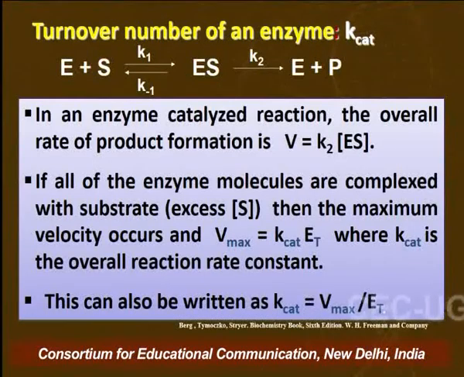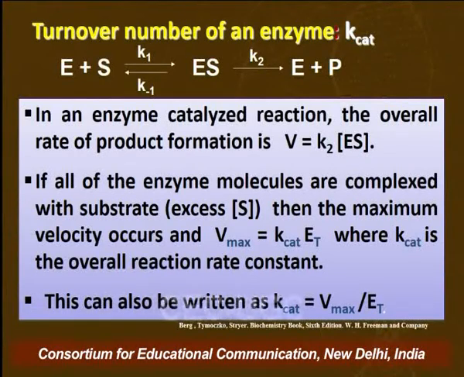Now, the next important thing to know about the enzyme is the turnover number of the enzyme, which is referred to as the kcat value. kcat is basically a constant, and the cat refers to the catalytic reactions the enzyme is carrying out. The kcat value tells us how exactly the enzymes are functioning and what the turnover number of the enzyme is.